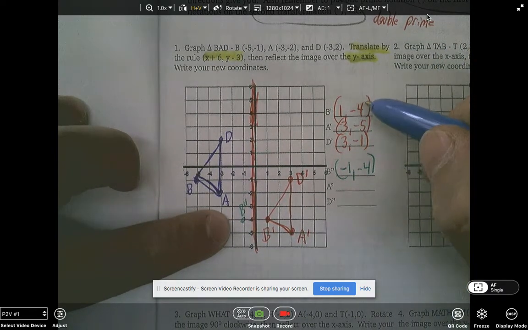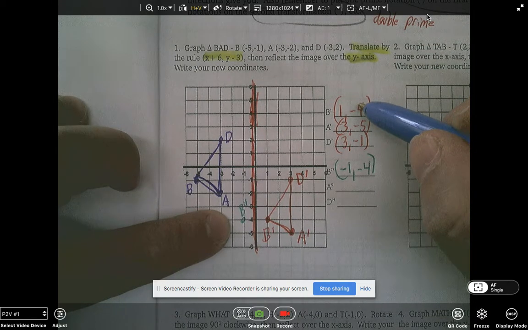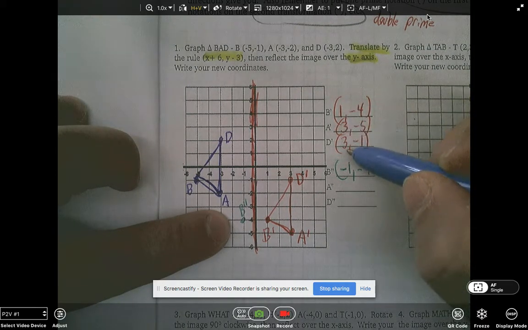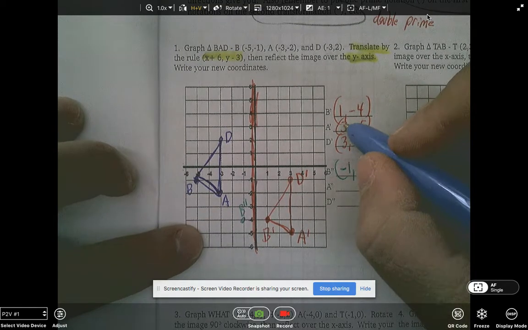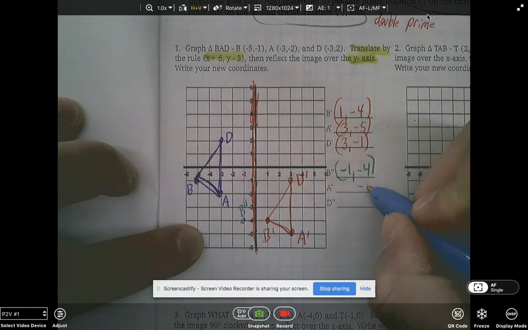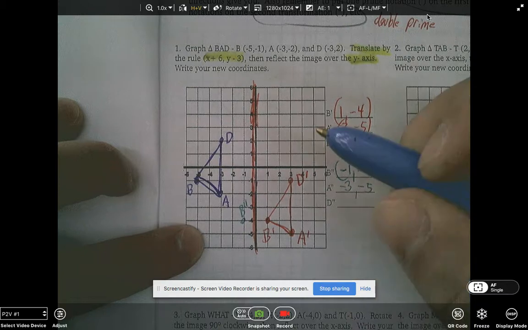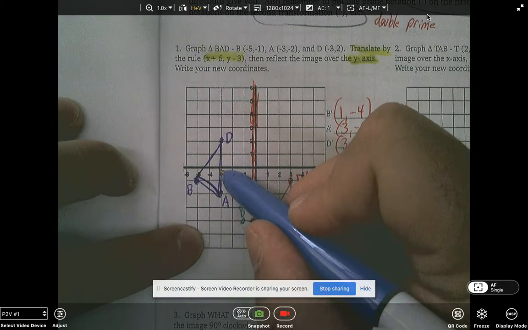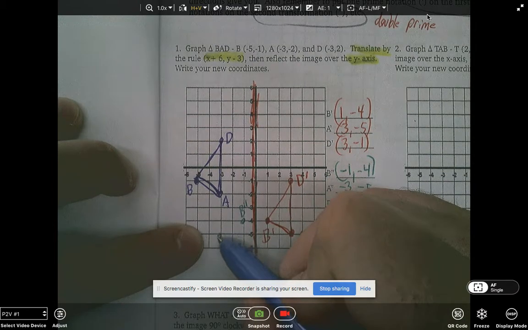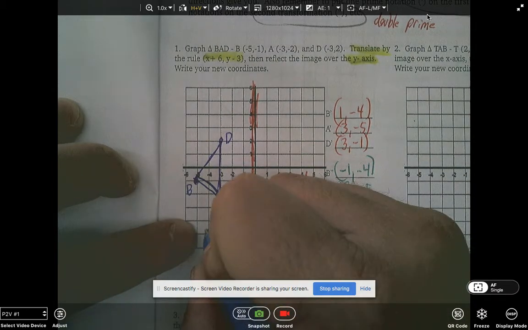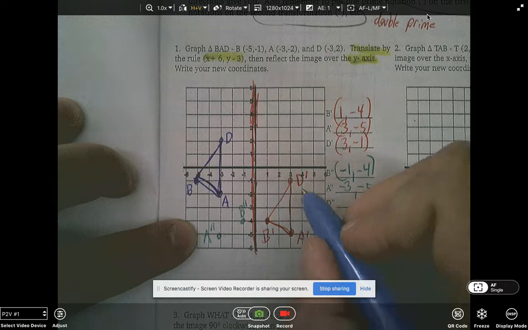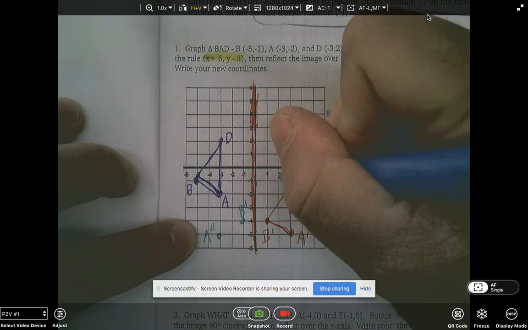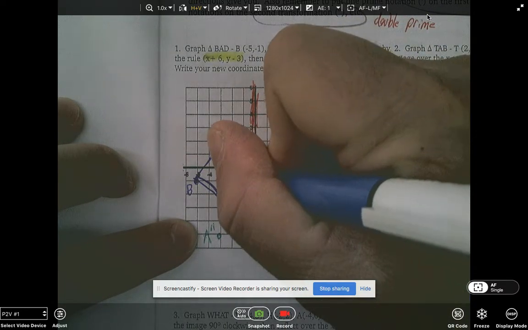We could almost know that because we're reflecting over the y-axis, all our y coordinates are going to be the same, but the x coordinates are going to be opposite. So I can know this one's going to be -5, but this will be -3. Just for the heck of it, I'll show it that way. So -3, -5 is A double prime. I'll go back to counting for D double prime. 1, 2, 3. 1, 2, 3.